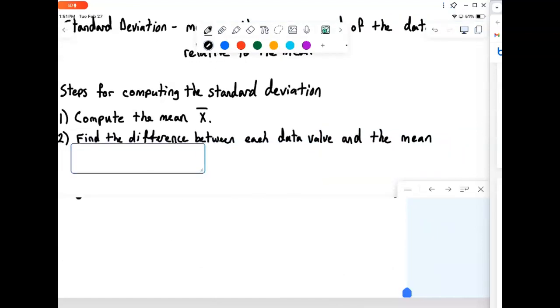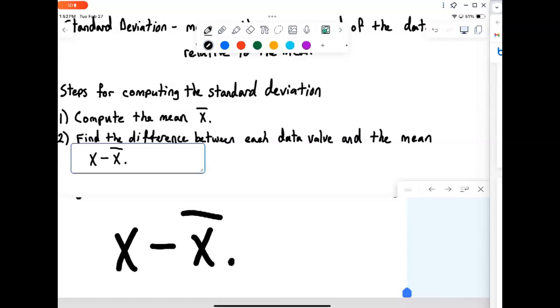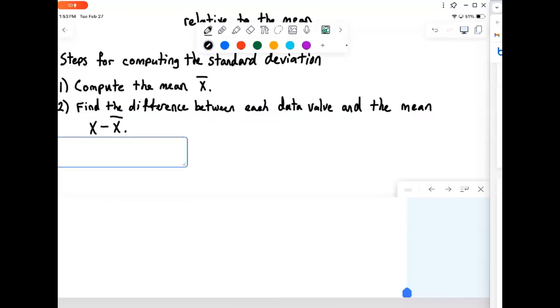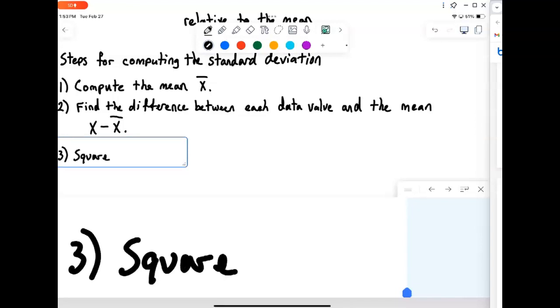In other words, we compute data value minus the mean. And then what we do, step 3 seems a little strange, is we square the result. Take each of those answers and square it.